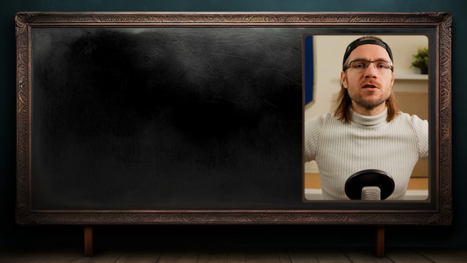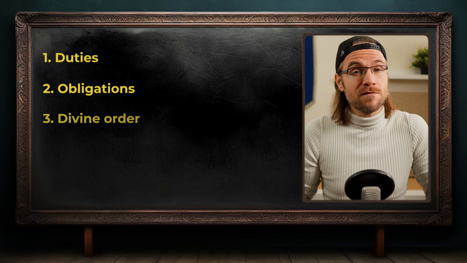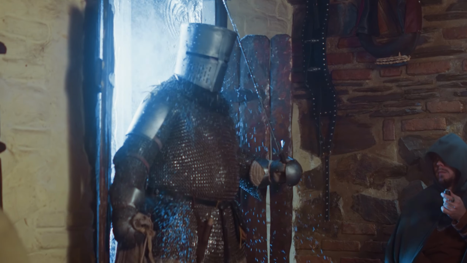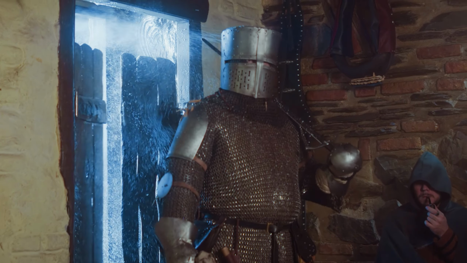Here's what I've learned from that. It's not about avoiding modern values entirely, it's about understanding how different societies view the world. In medieval times, people didn't think in terms of individual rights, but in terms of duties, obligations, and divine order. A noble's responsibility to protect their peasants was seen as a sacred duty, not a matter of human rights.